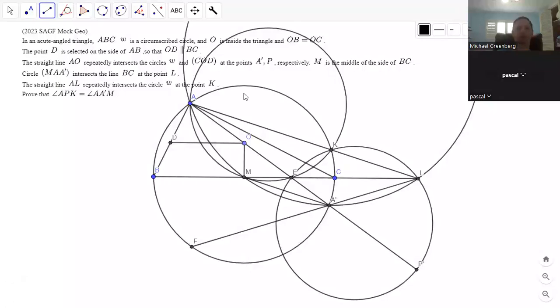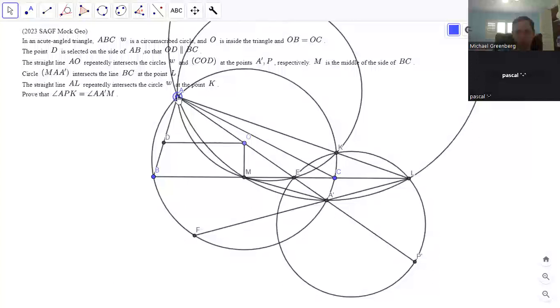It almost looks like A prime is the reflection of K, but I don't think that's true. Yeah.